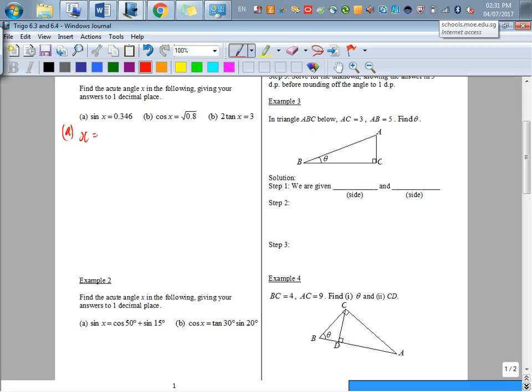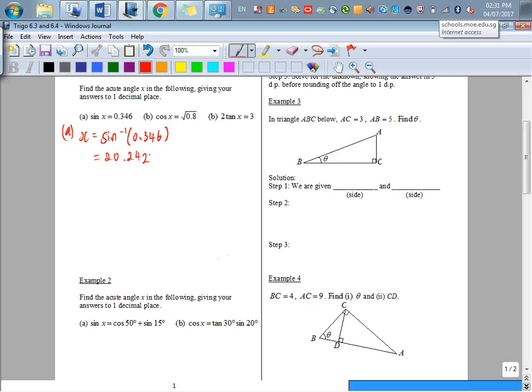X equals sine inverse 0.346. And you get inverse sine 0.346, 20.242.